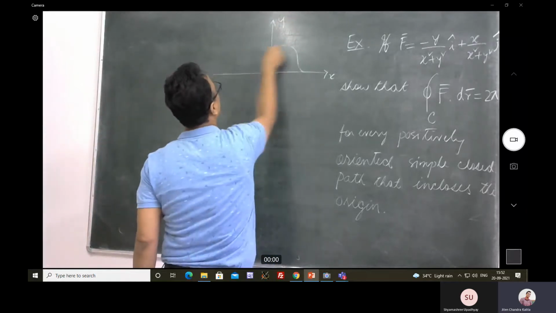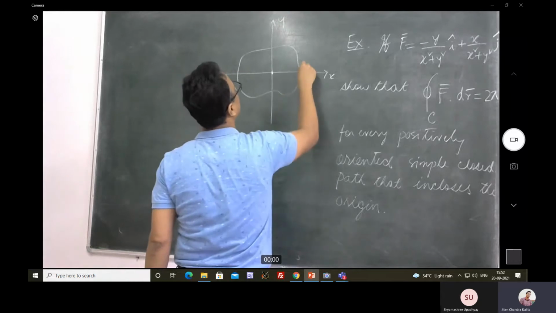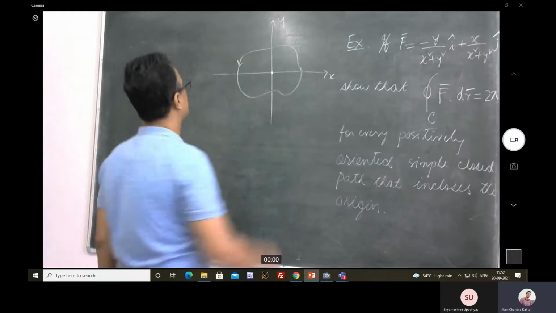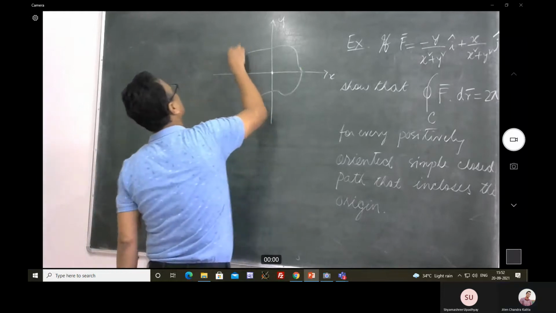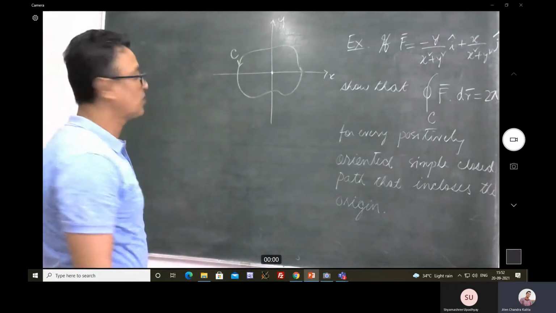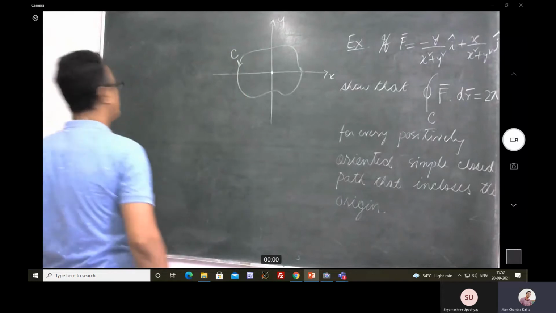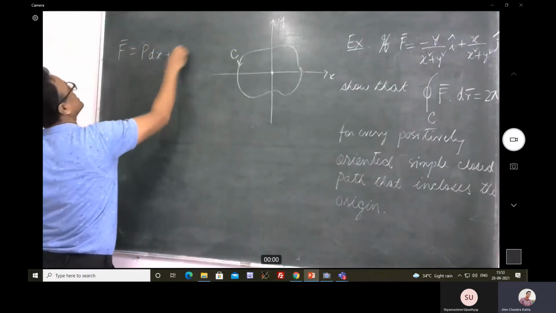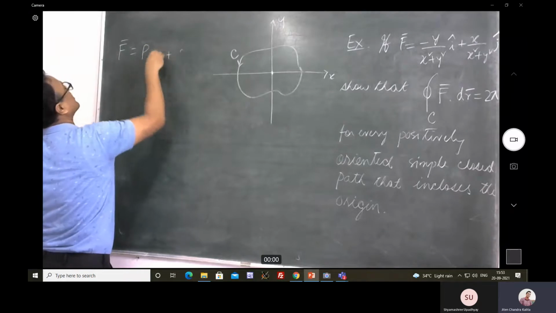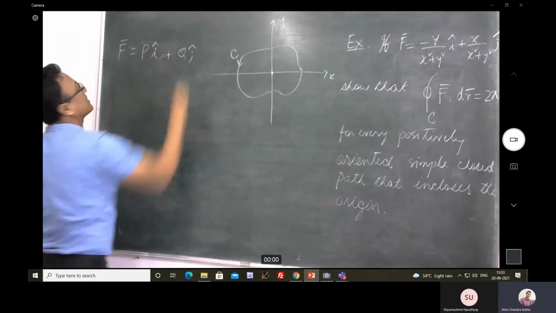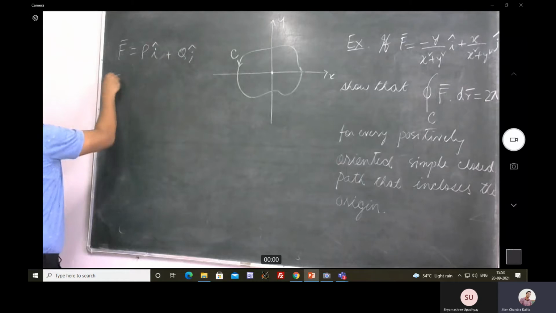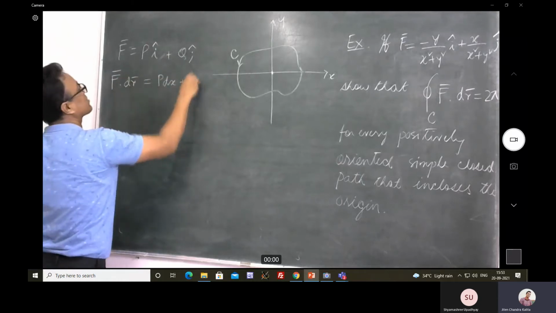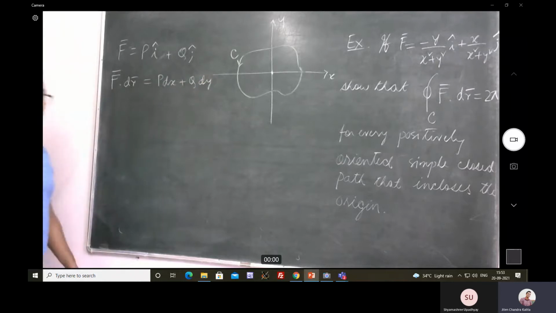Suppose I take any positively oriented closed curve C. Then, if I use F equal to P i plus Q j, then you know that F dot dr is simply P dx plus Q dy, isn't it?